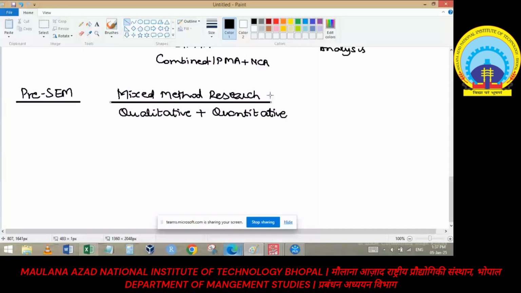For example, qualitative, we conducted the interview and we applied the text analytics on the same. It doesn't matter whether you apply this text analytics in R or Python or NVivo. You use any of the software, but after the text analytics, we frame something that is called the proposition.